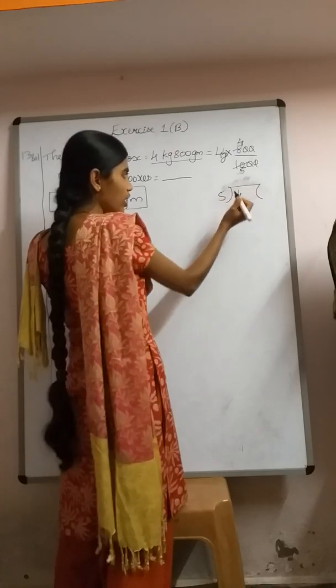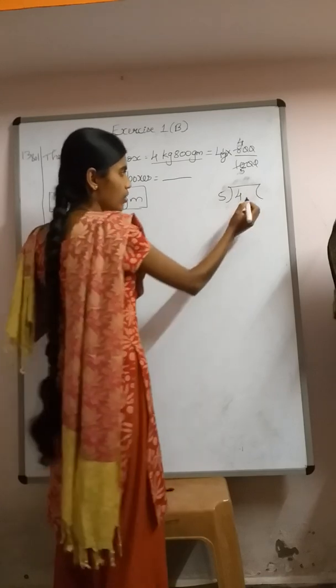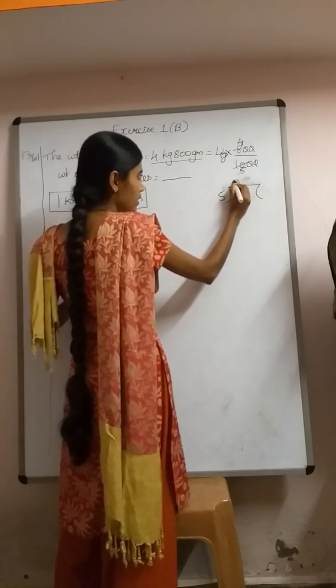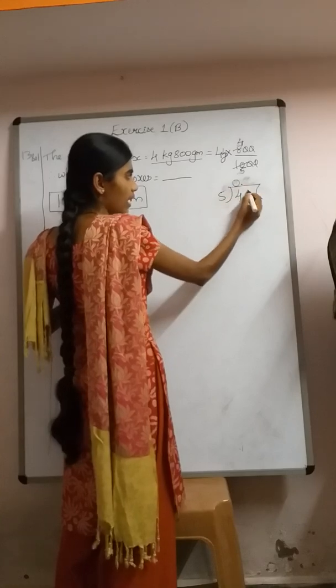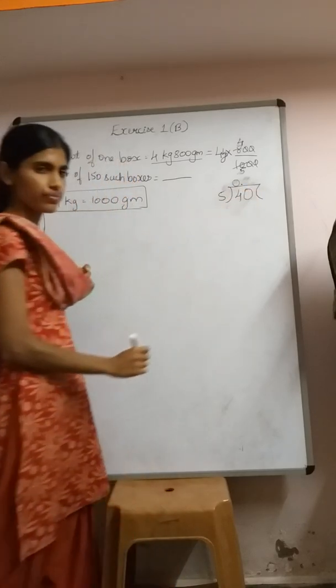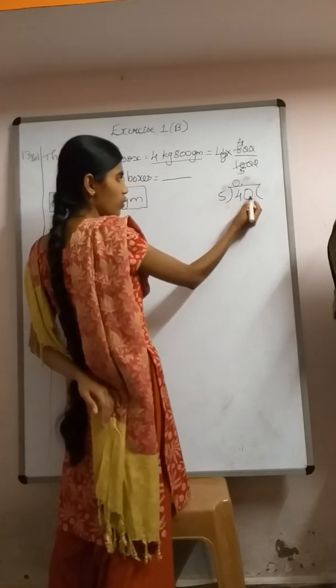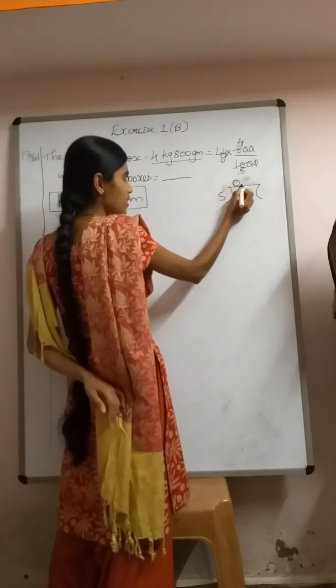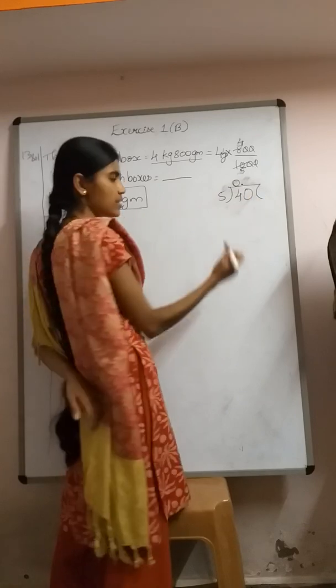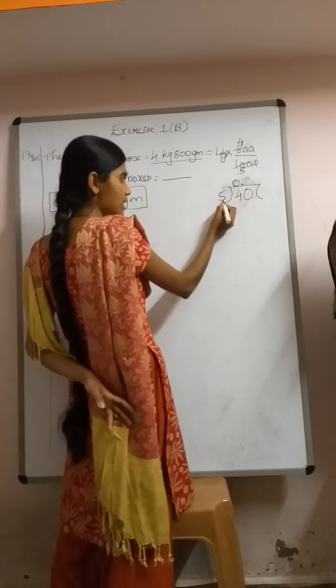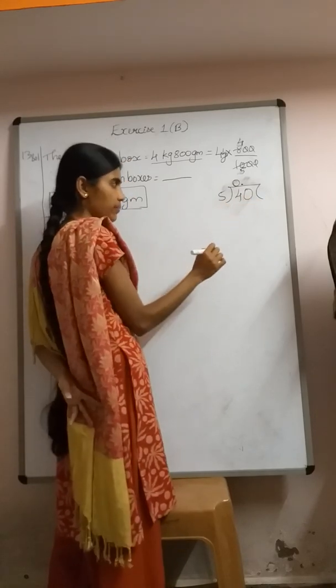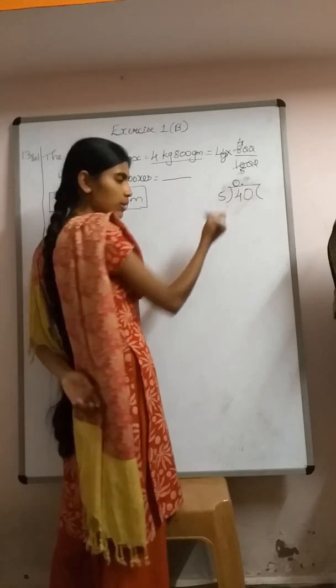So, how will you add a 0 for 4? You should take 0 point and then add 0. If you need a 0, what you should do? Write 0 point and add a 0. Why? Because 4 is a less number, it can't divide with 5. So you are taking the help of 0.